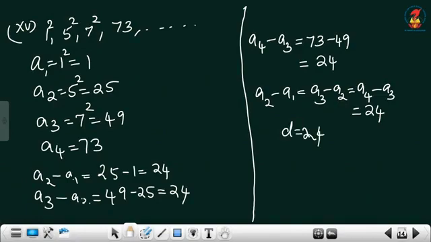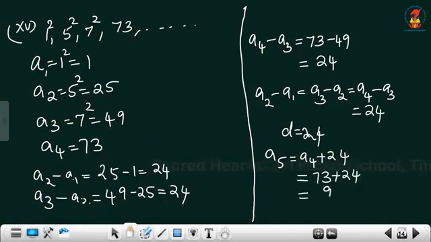Then find the next 3 terms. So, A5 is equal to A4 plus 24. A4 is 73. 73 plus 24, so 97.